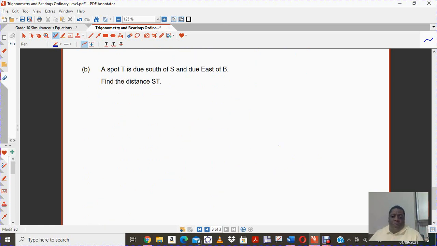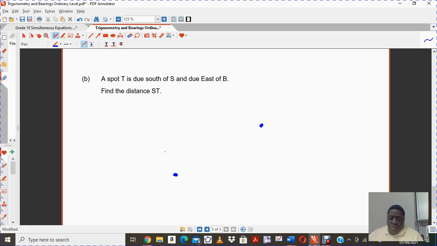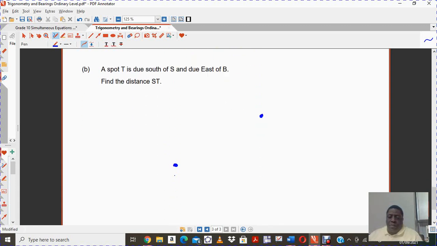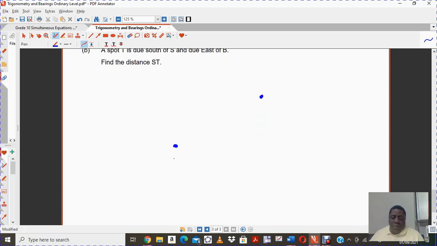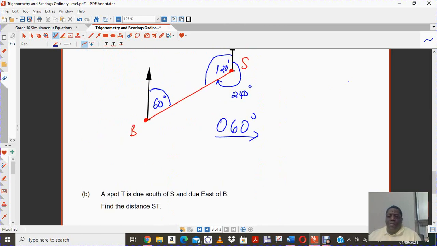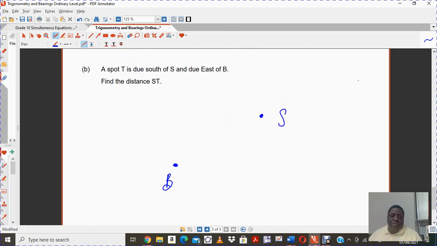Right, so again, if we were to bring in our two little towns here, so this is our B, and that is our S, as it appears, and then I'm going to just join them here.